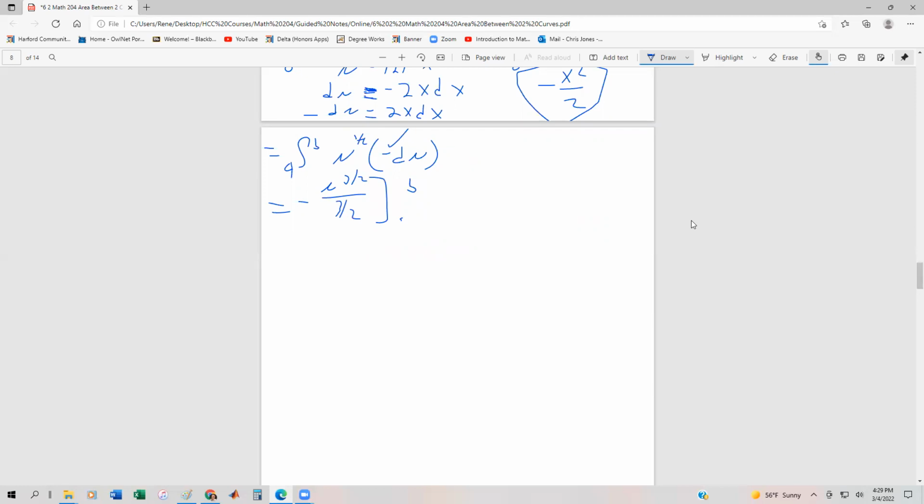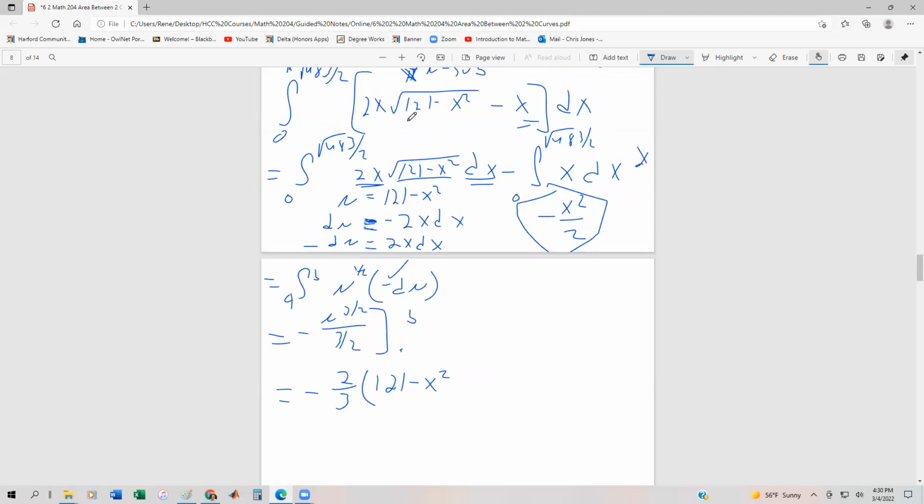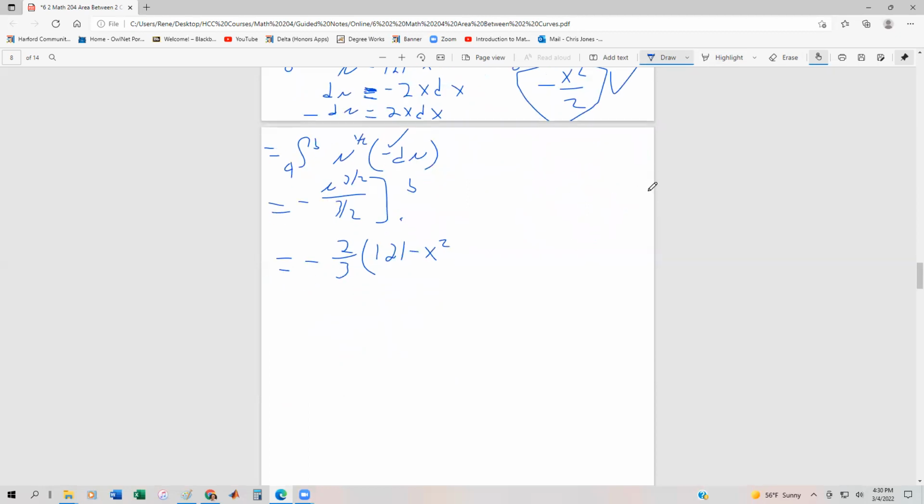If I multiply by the reciprocal and clean this up algebraically, negative 2/3 quantity 121 minus x squared, plugging 121 minus x squared in for u, plus, we're not forgetting the negative x squared over 2, to the 3/2 power. And then we're not forgetting the really ugly limit of integration that we got.